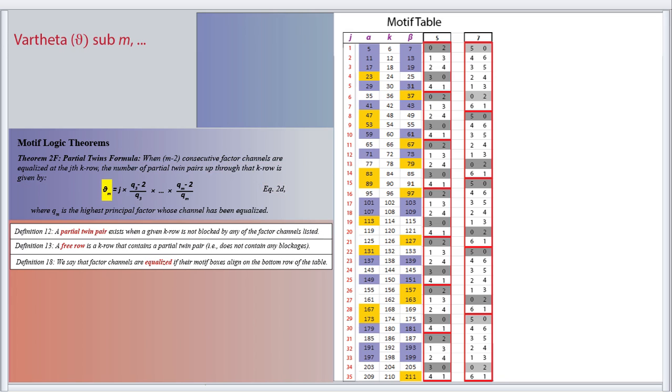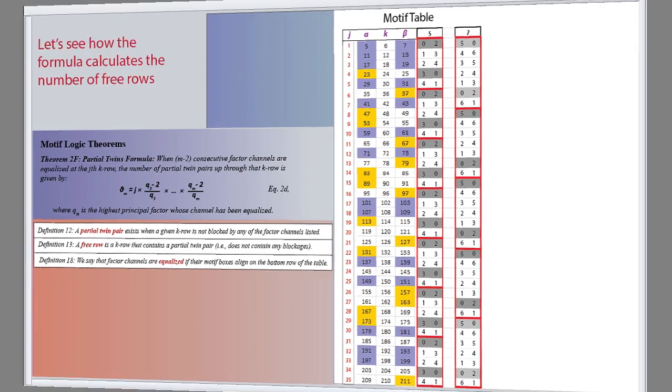Bar theta sub m equals j times (q sub 3 minus 2) over q sub 3, times up through (q sub m minus 2) over q sub m, where q sub m is the highest principal factor whose channel has been equalized. Let's see how the formula calculates the number of free rows.